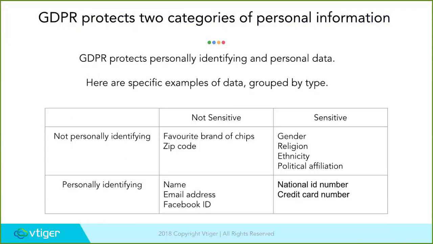This talks about personal information. So how can you categorize it? Any data that can identify you, that's your name, phone number, IP address, and location, and also sensitive information such as sexual orientation, health data, political opinion, credit card number, national ID number, and so on.